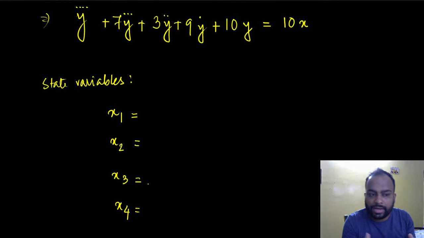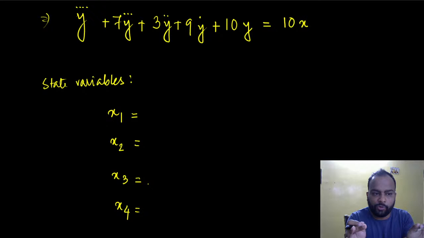There are infinitely many different ways in which you can assume your state variables, and since there are infinitely many ways, there are infinitely many state variable representations of the same transfer function model. So this is kind of one disadvantage if you think about it.